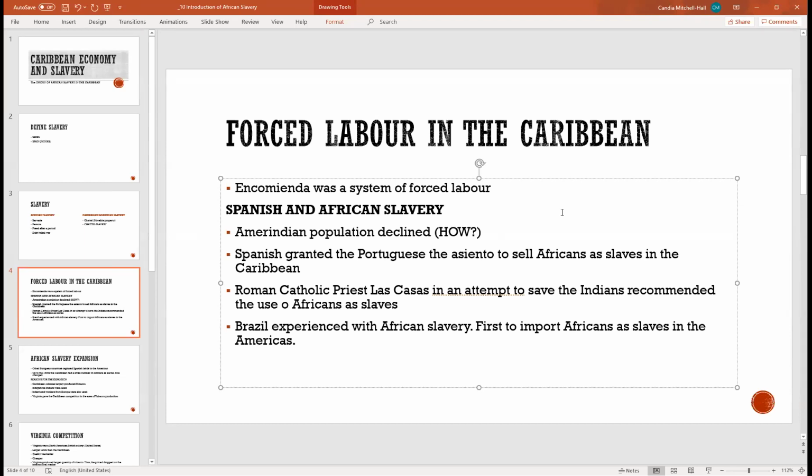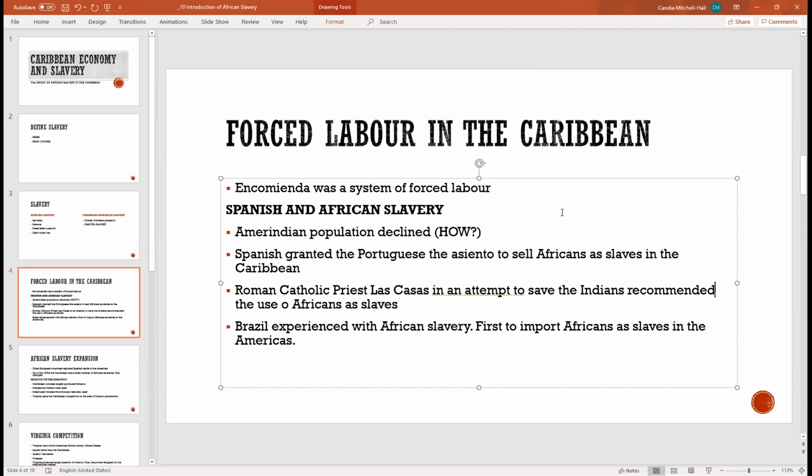What led to the decline? Come on, ladies, we did that. What led to the decline? So diseases and forced labor. One, diseases was one that led to the decline. Next, suicide.